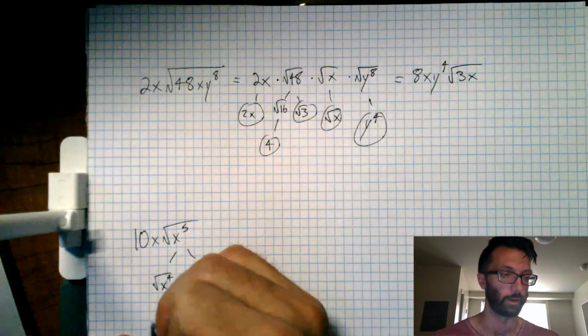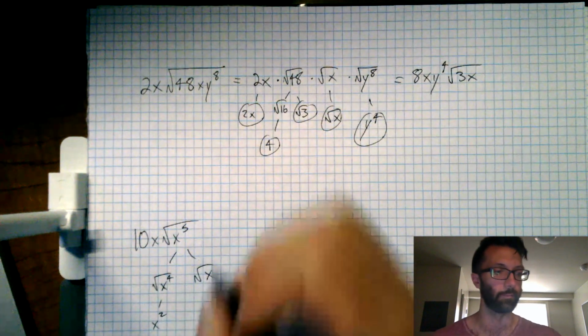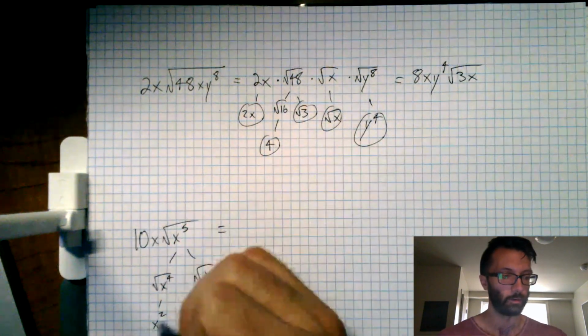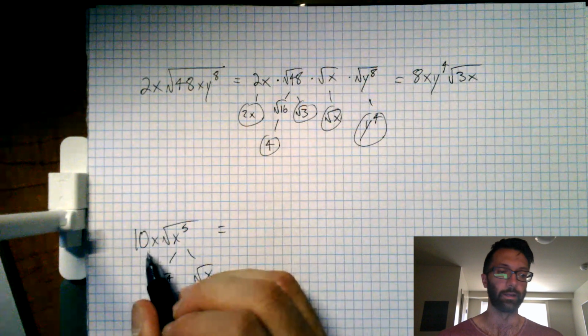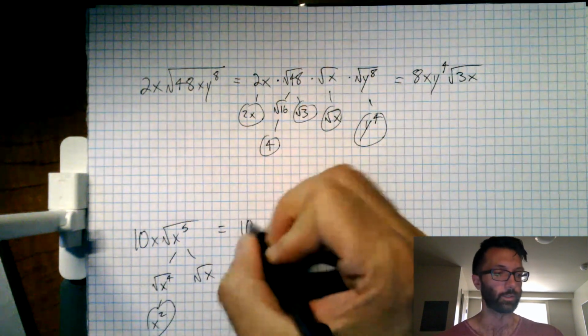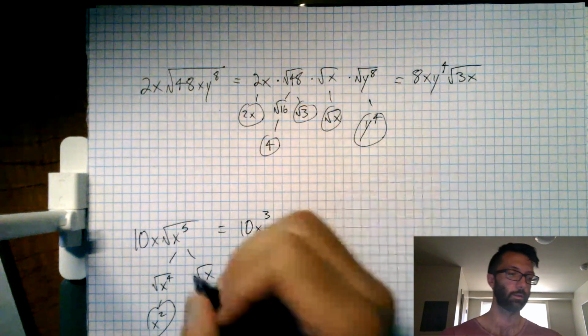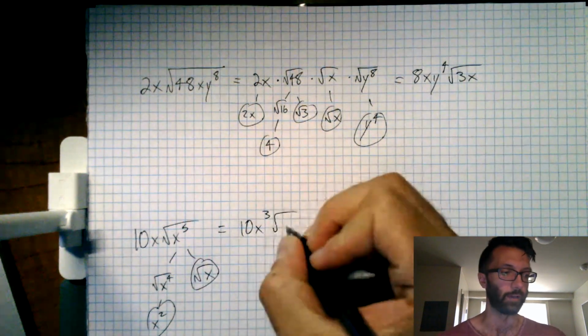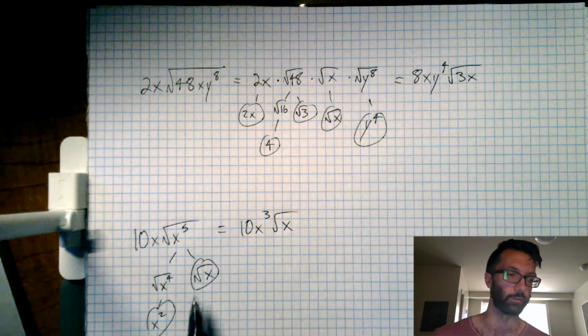I know that's x squared. Okay? And so now I have my 10x times x squared, which is going to be 10x to the 3rd, and then I just have a single x left underneath the radical there.